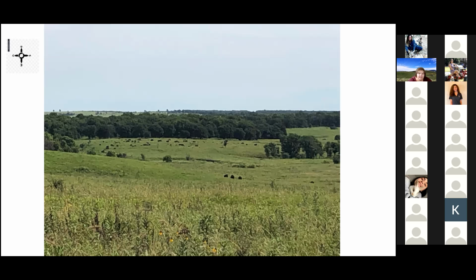Okay, cool. So you guys said that we're probably in a mixed prairie area and leaning towards tall grass prairie. So what soil characteristics really enable those taller grasses to grow?